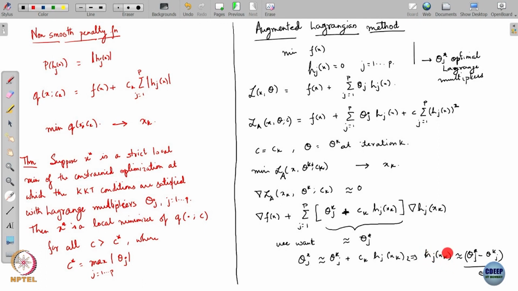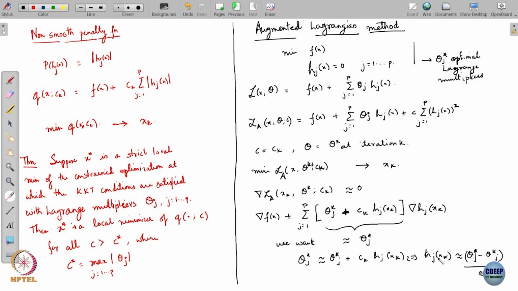That means it should approach feasibility even for finite values of C k. Recall, this is exactly what we were trying to achieve when we introduced the non-differentiable penalty function. With it, we were able to use a finite value of the penalty parameter and yet get to the true solution and a feasible solution. Here something similar is happening: even with a finite value of the penalty parameter, we are able to get feasibility.